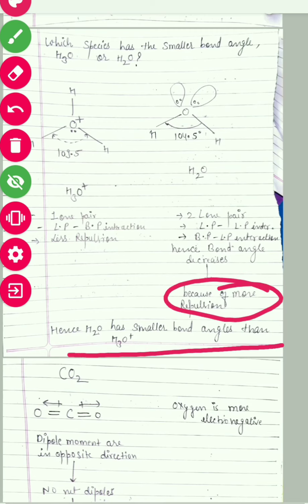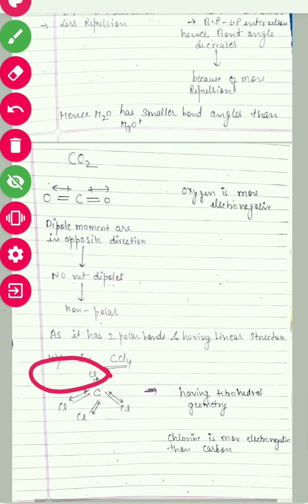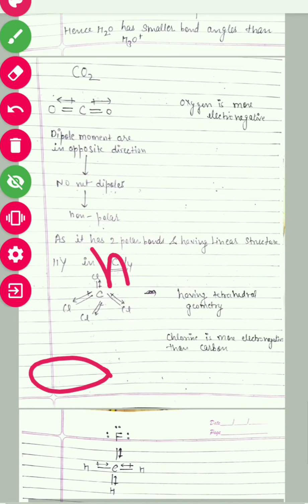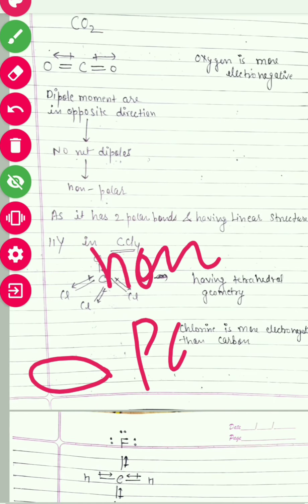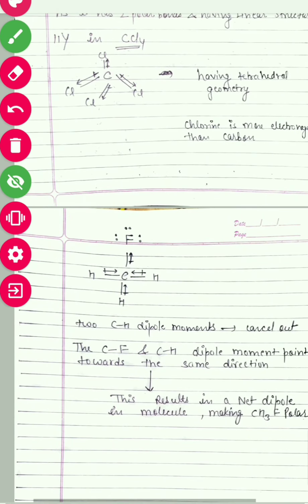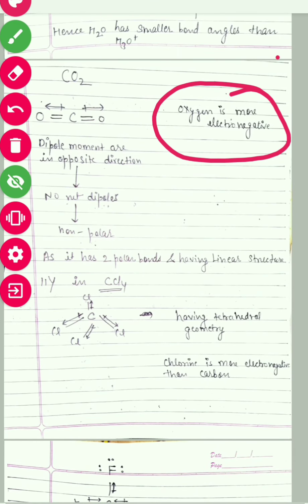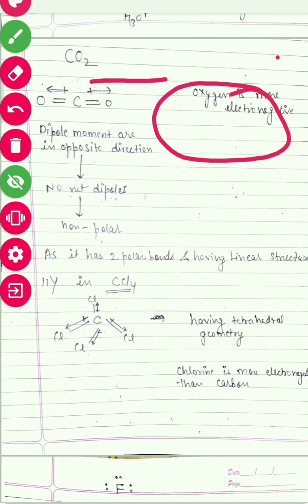Now the next question: we have to explain why the CO2 molecule and CCl4 species are non-polar in nature. In CO2, as we know the structure of CO2 and the structure of CCl4, oxygen is more electronegative than carbon, so it attracts the electrons of carbon towards it.